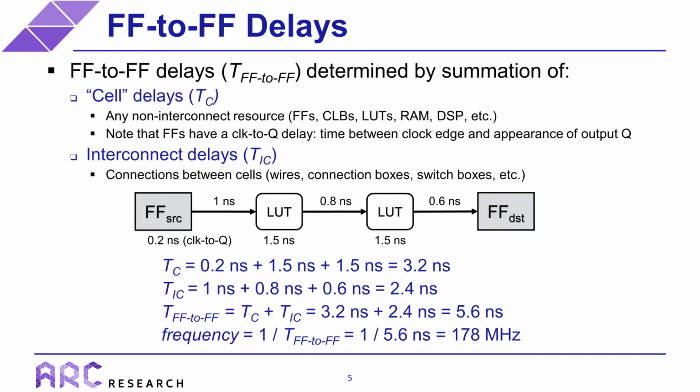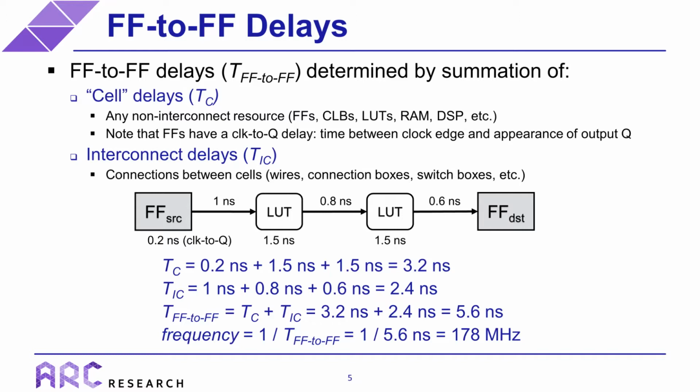So let's take a look at the example on this slide, where we have a total cell delay of 3.2 nanoseconds, which comes from the 0.2 nanoseconds from the clock to Q of the source flip-flop and 1.5 nanoseconds from each lookup table. Similarly, we have a total interconnect delay of 2.4 nanoseconds, which comes from the delays of the 3 wires.